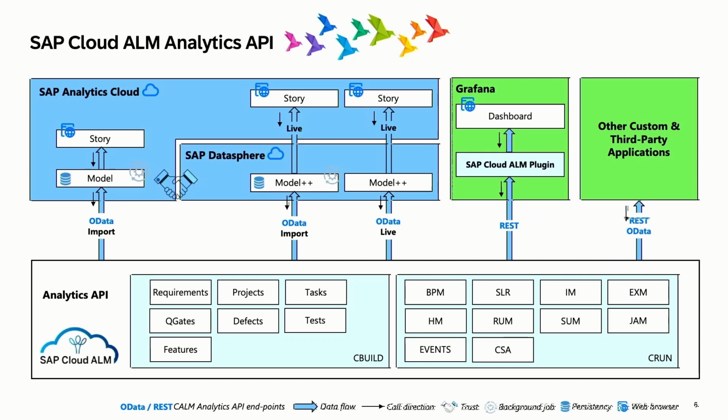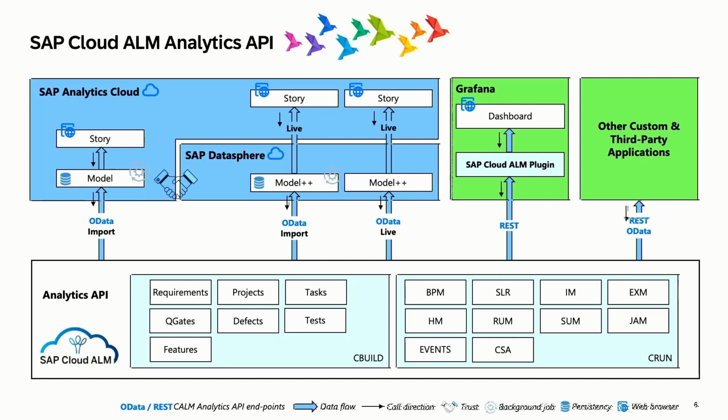This is an overview slide of the different components involved and the different scenarios I mentioned. At the bottom, we have Cloud ALM and the analytics API, with the different so-called analytics providers organized by build and run, so implementation and operation. Everything we see here is available in the catalog.